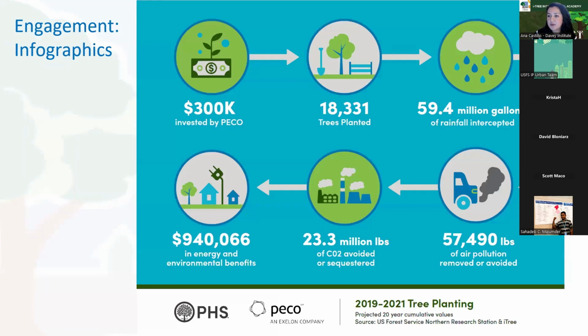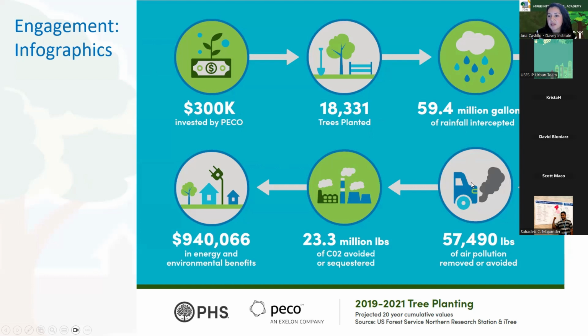So another way that people use iTree results is by creating infographics. This is an example from the Pennsylvania Horticultural Society and PECO, which is an energy company in Pennsylvania. They had a partnership with the Horticultural Society for planting trees, for which they provided $300,000. So they kept track of all the trees that they planted, and then they used iTree to quantify the benefits that all those trees would provide over 20 years.